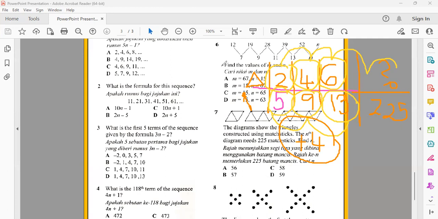Now, your job, you remember in one of our lessons, we created the formula. So this is my n. When n is 2, the formula works out to be 5. When n is 4, the formula works out to be 9. So now all of you start to think how to create a formula that I'm going to have any n and it's going to give me an answer.